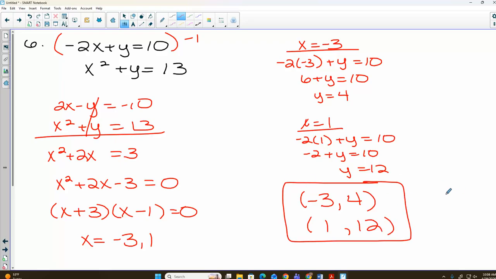So we have -3, 4, and 1, 12. How do we check these if we want to? Plug them back into the original.